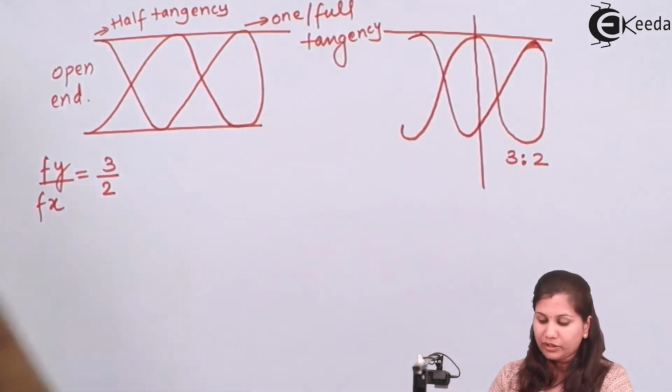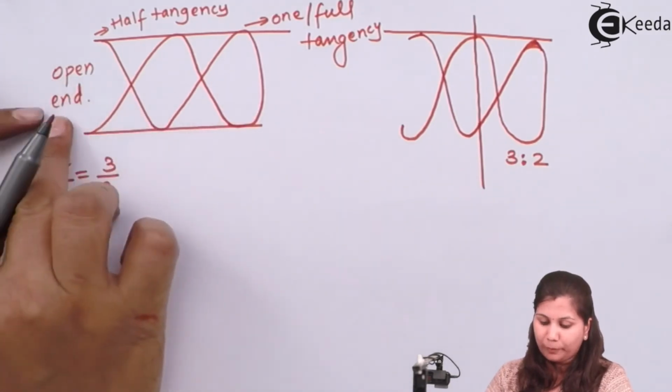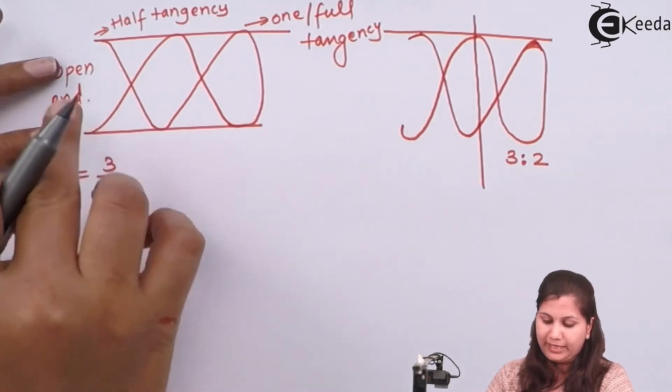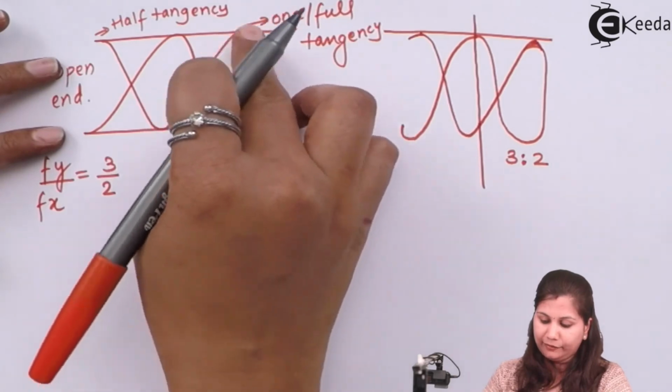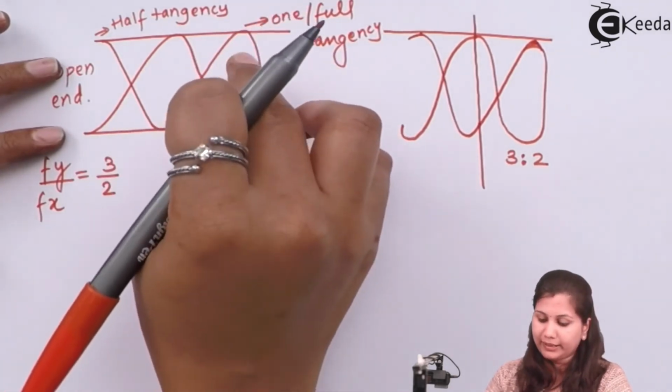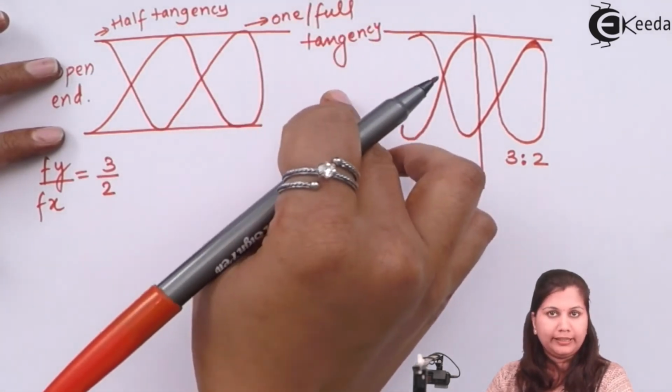So if the Lissajous pattern has an open end or free end, it will be treated as half tangency, and if it has a closed part, it will be treated as full tangency.